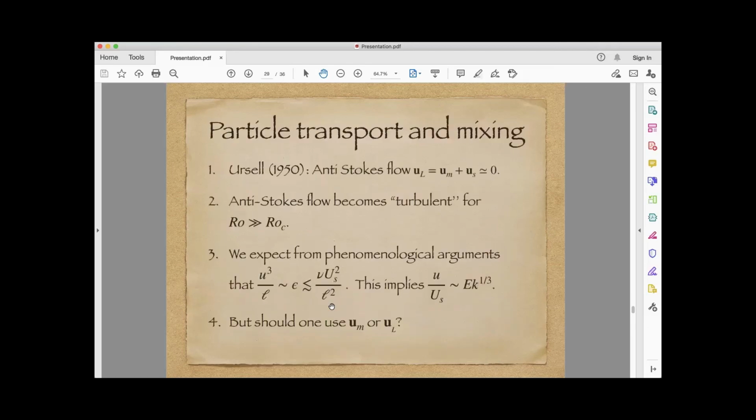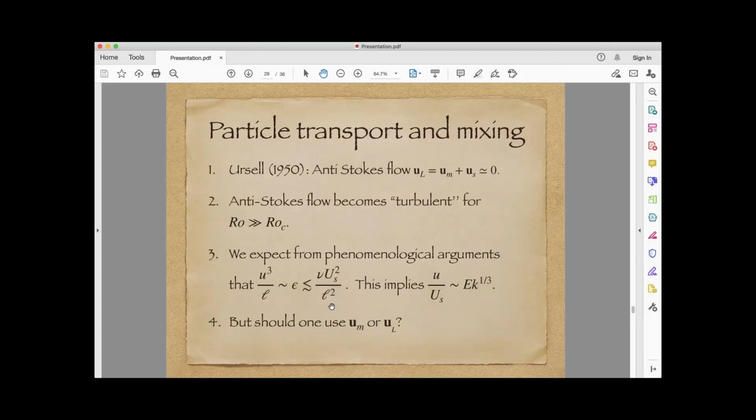And the second question that I wanted to ask was about the importance of this mean flow and this destabilization for particle transport and mixing. Firstly, Ursel found that we get an anti-Stokes flow.